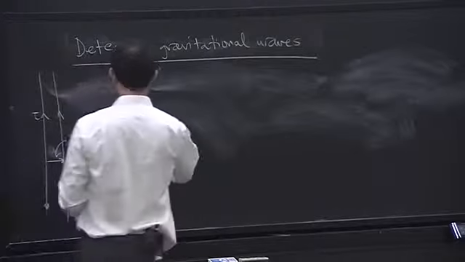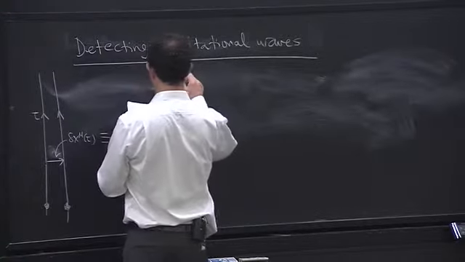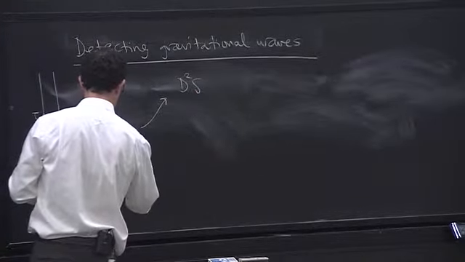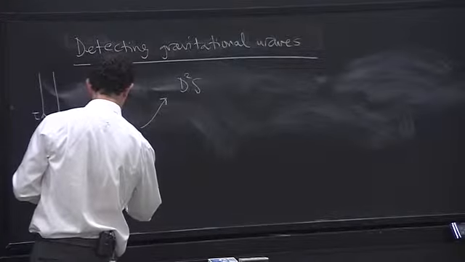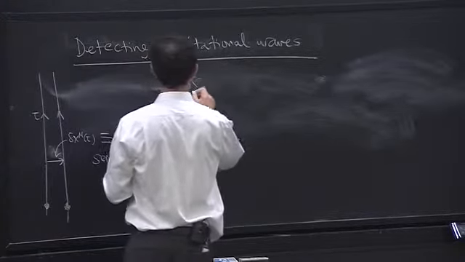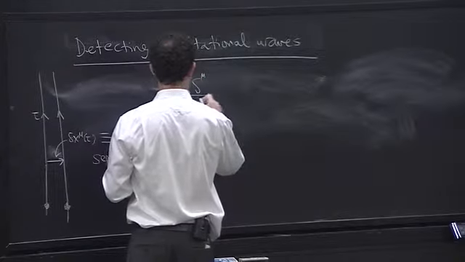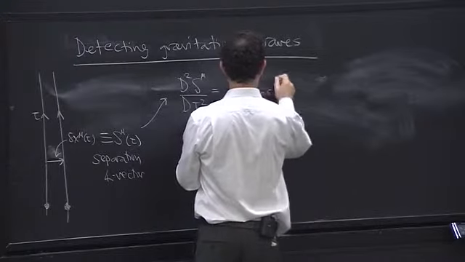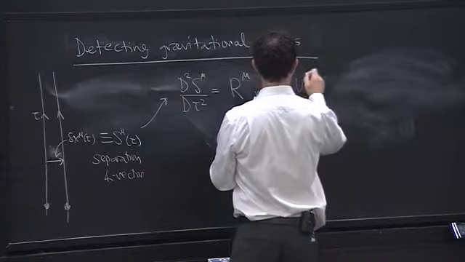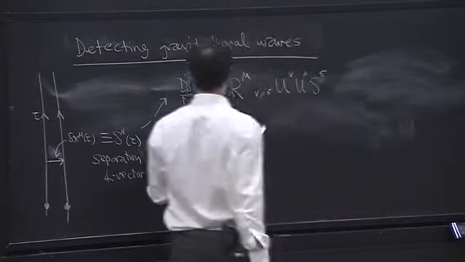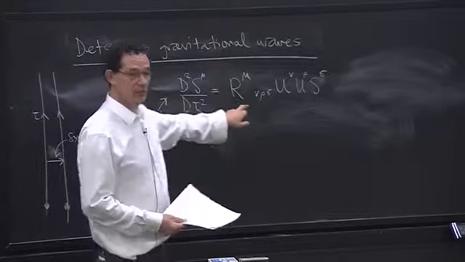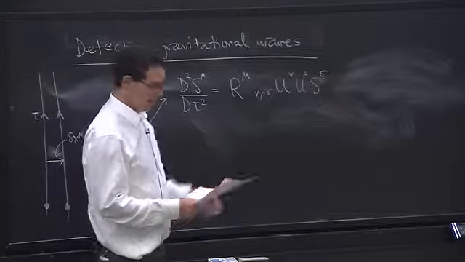So these two masses obey an equation for the separation vector: d2 s mu d tau squared equals the Riemann tensor R mu nu rho sigma u nu u rho s sigma. To understand the effect of the gravitational waves, all we need to do is calculate the Riemann tensor and plug it into this equation.